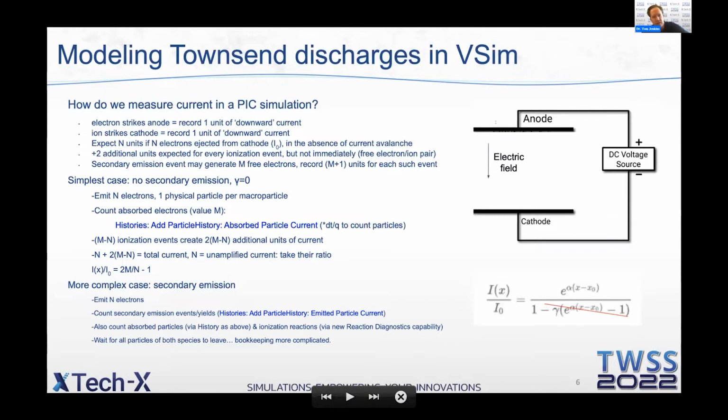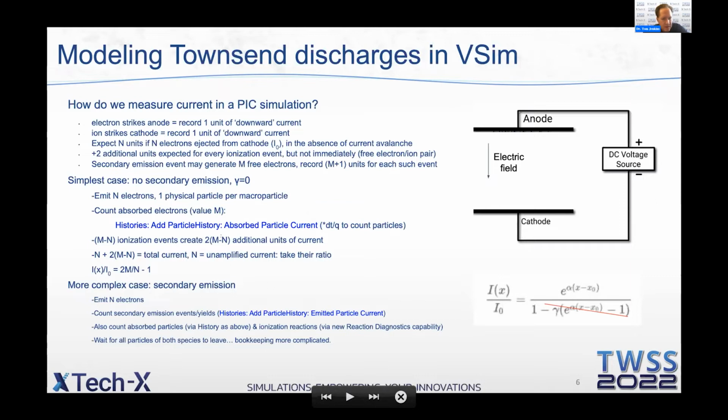Generally speaking, we'll catch more than we spit out, and that will have to do with the ionization. So the difference of those two numbers is the number of ionization events that occurred. And we double that to get the total current.